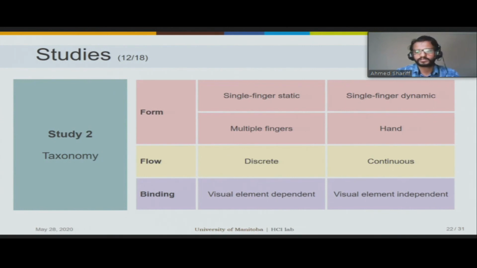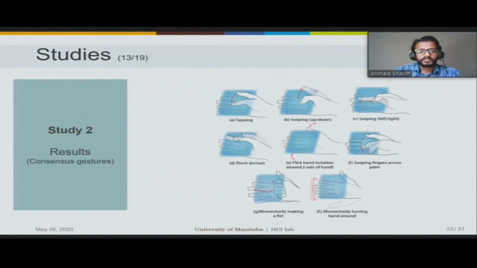Are they using just a single finger, multiple fingers, or their entire hand? Flow relates to whether a particular action is continuous or discrete. Are you tapping, or are you swiping to increase the volume, for example, which is a continuous action? And binding relates to whether they are interacting with an element, for example a button, or just performing a gesture which doesn't relate to a particular element.